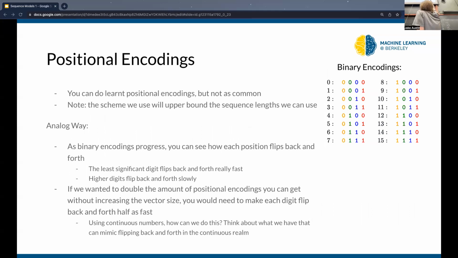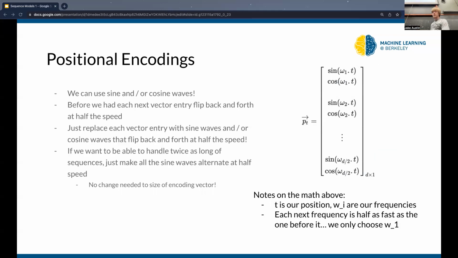Our red column has a frequency of like 1, flipping every other one. The blue column is flipping with half the frequency, same thing for green, same thing for orange. So we've found a continuous analog where we're not flipping between whole steps, not flipping entirely between 1 and 0.